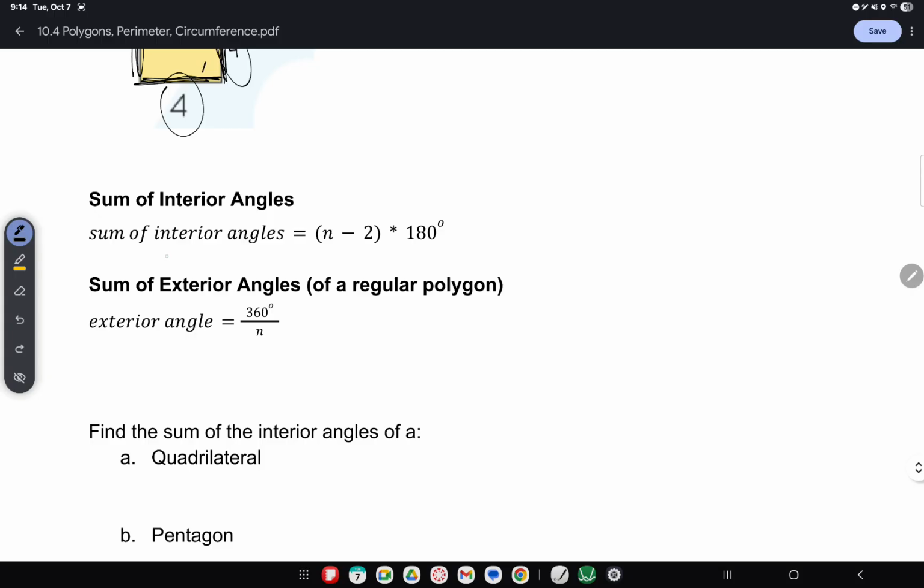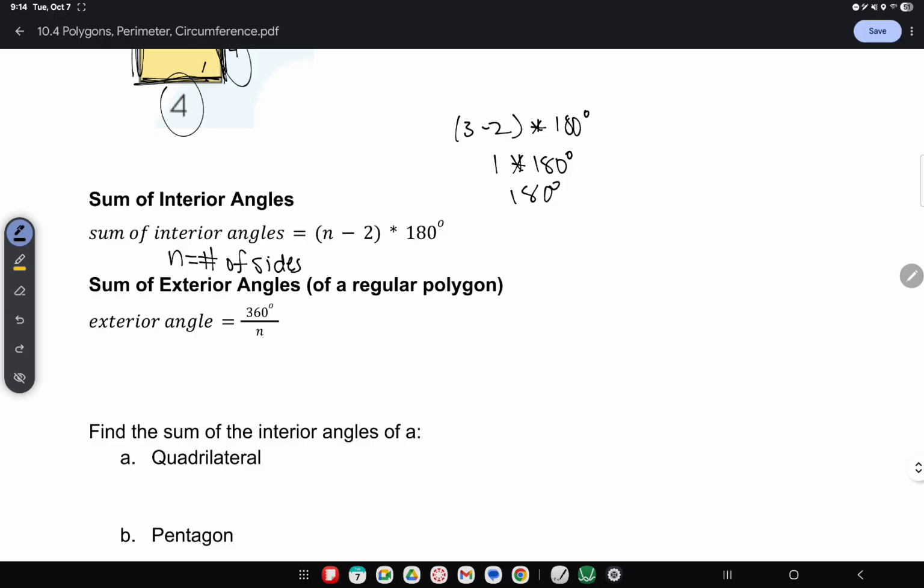N is the number of sides. So if I use this formula with triangles, there's 3 sides in a triangle, right? So 3 minus 2 and then times 180 degrees. So 3 minus 2 is 1, and then 1 times 180 degrees is 180 degrees.